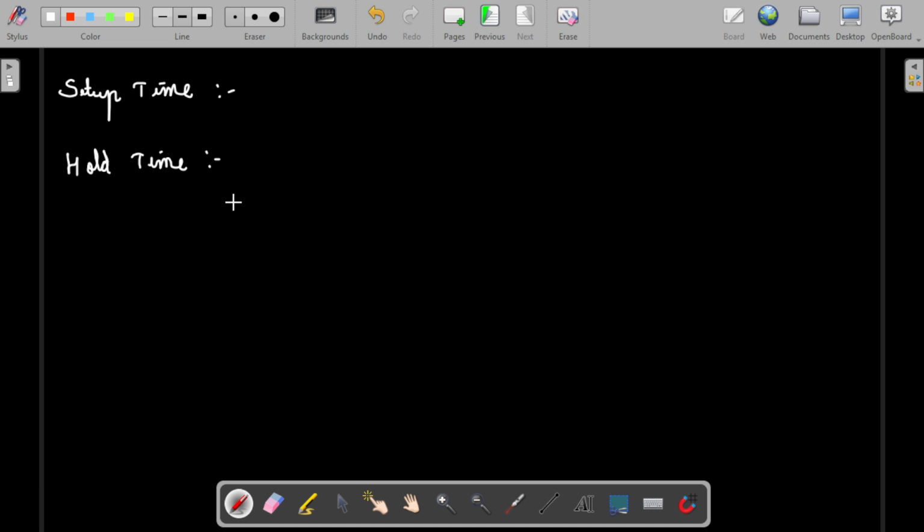This is similar to setup time, but the setup time is before the clock pulse and this is after the clock. So after the output changes, we need to maintain the input.